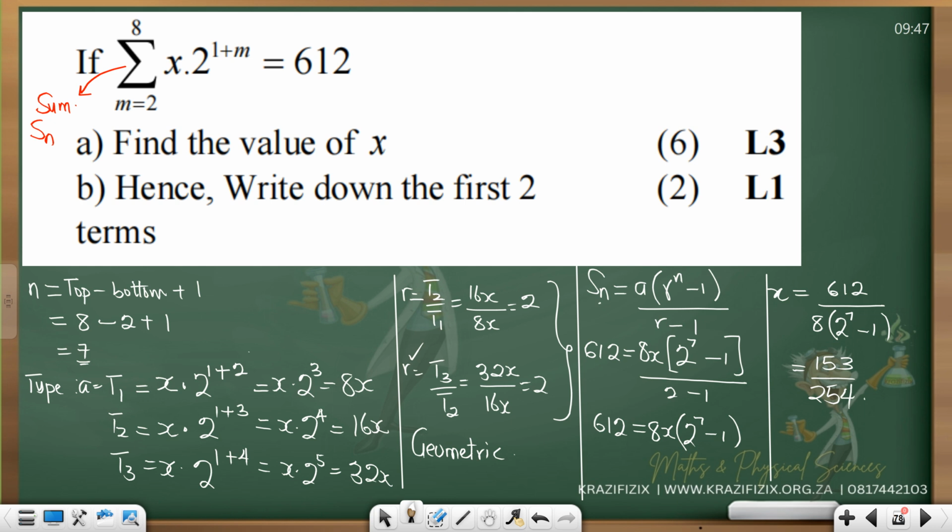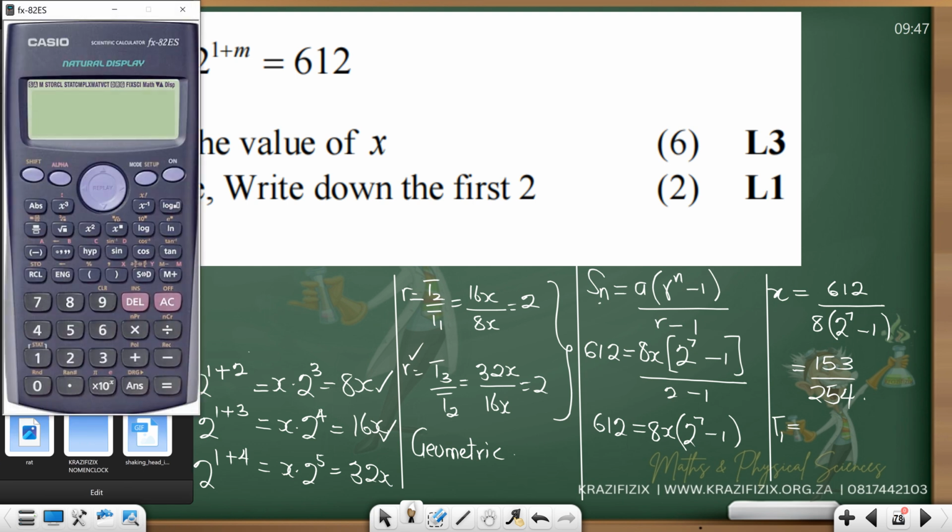Now write down the first 2 terms. Do you notice we already have the first 2 terms? Our T1, we can then substitute 8x, 153 over 254. All right, that's x times 8. It's 8x. 612 over 127.